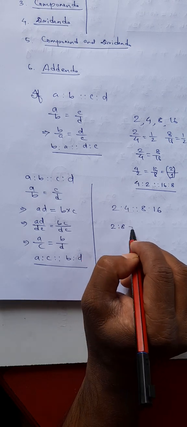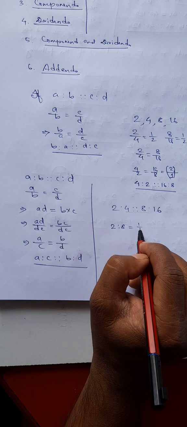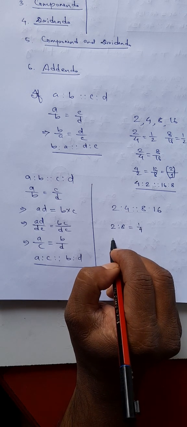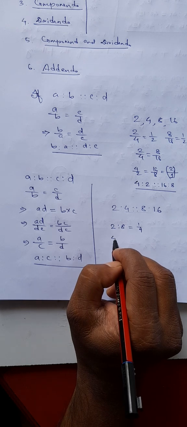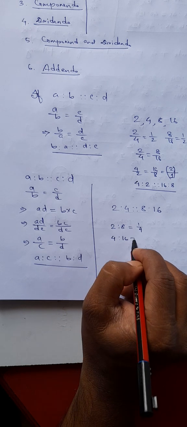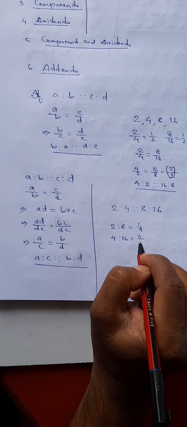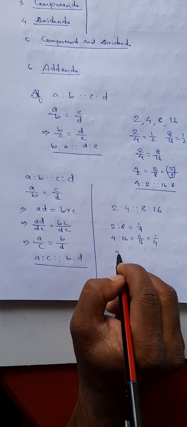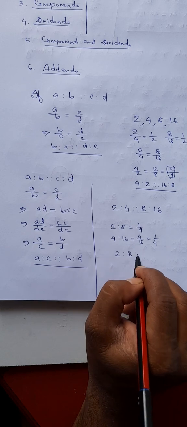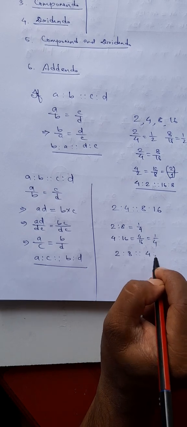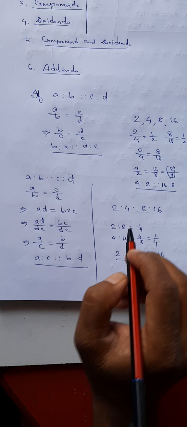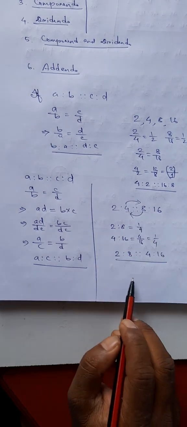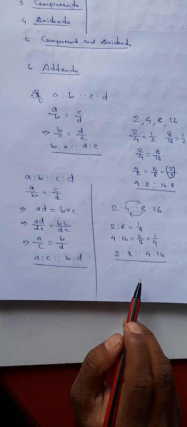What is 2 is to 8? 1 by 4. And 4 is to 16. What is 4 is to 16? 4 by 16 means 1 by 4. So you find that 2 is to 8 proportional to 4 is to 16. That means you are altering the means, right? So this property is called alternendo.